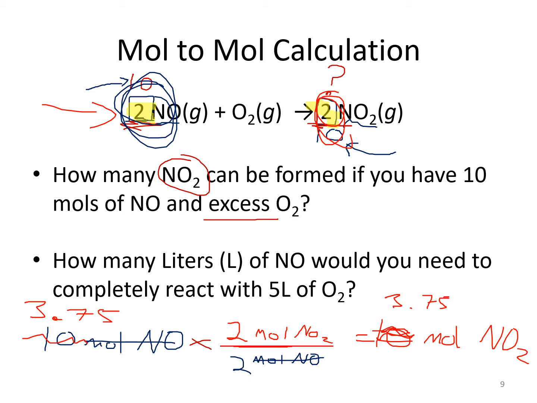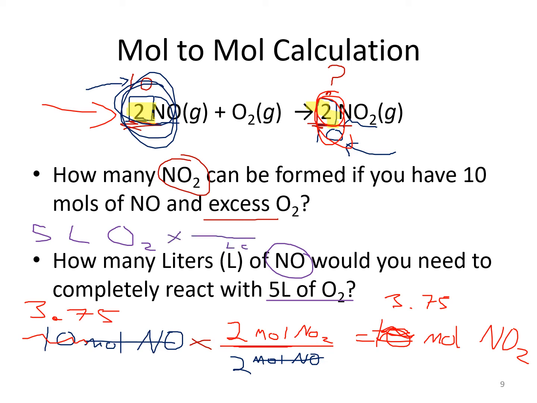How many liters of nitrogen monoxide would you need to completely react with 5 liters of oxygen gas? So when I do this problem up top here, I'm going to get a little cramped. Remember, because this is an all gas phase reaction, we can use those coefficients as volume coefficients as well. So what do we have? We have 5 liters of oxygen gas. What do we want? We want liters of NO. So how do we get there?